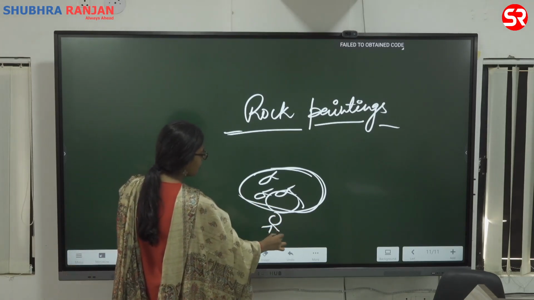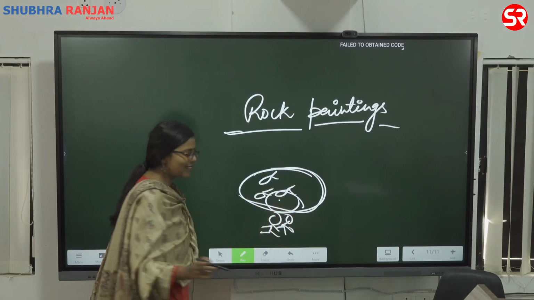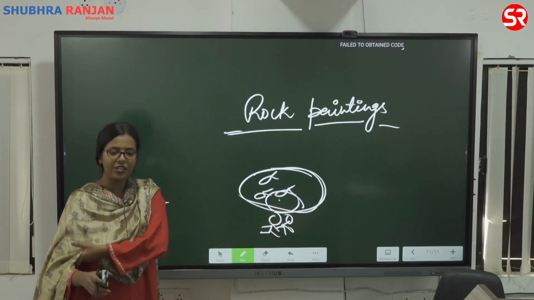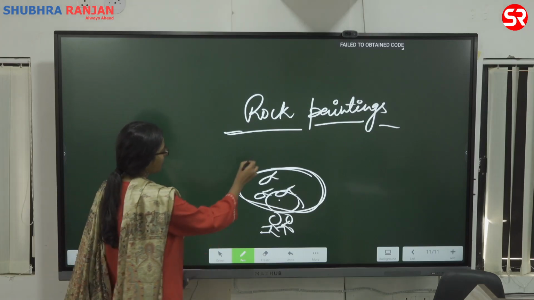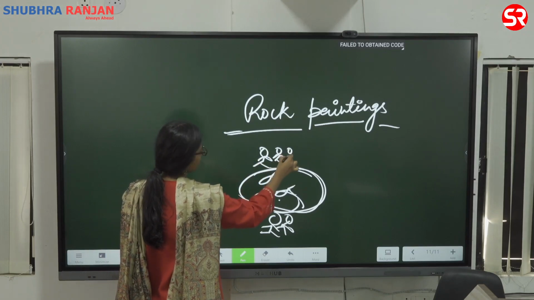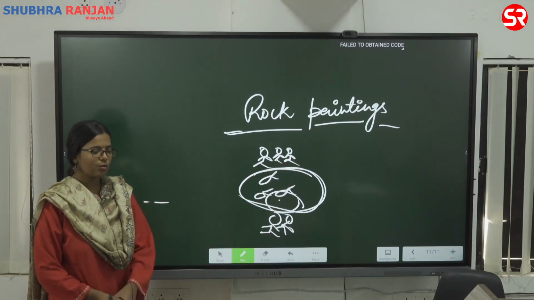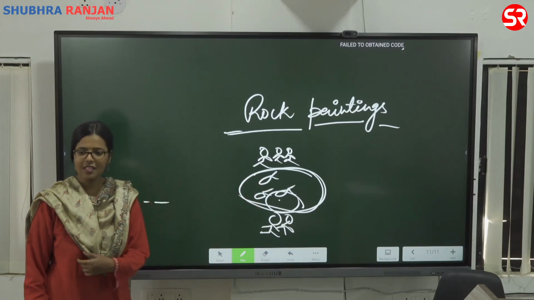Two humans are sitting here, probably waiting for the net to catch some fish. Three people are sitting here, probably talking to each other or sitting idle. So this is one of the paintings.